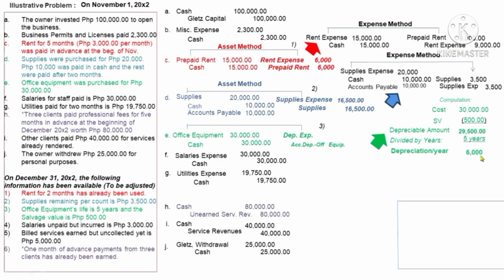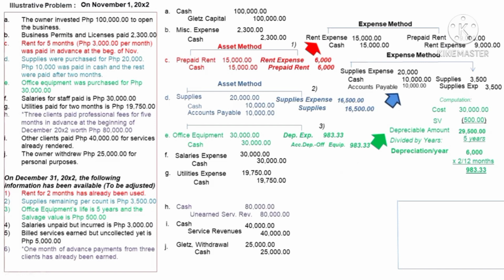But since the office equipment has only been used for 2 months, you are going to multiply that with a fraction, which is 2 months over 12 months, and there you go, you're going to get the amount 983.33, the depreciation expense for 2 months. You need to use that in this entry: debit depreciation expense 983.33 and credit accumulated depreciation office equipment of the same amount.